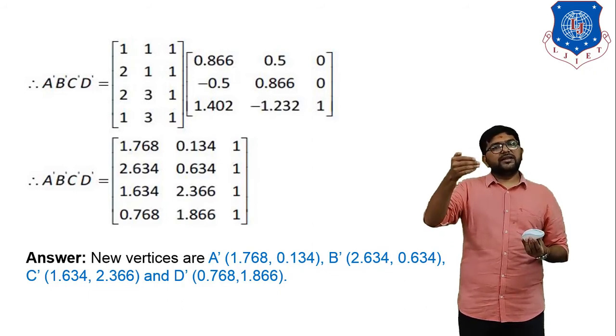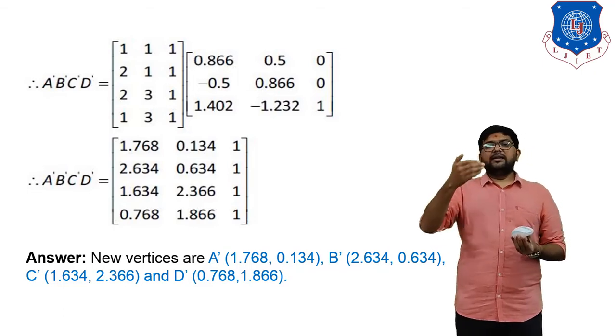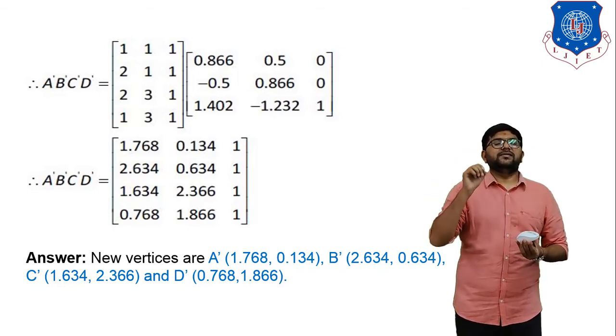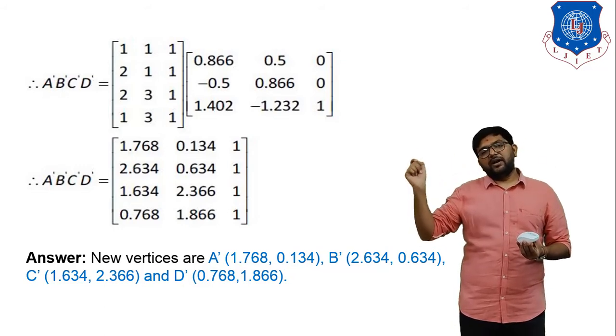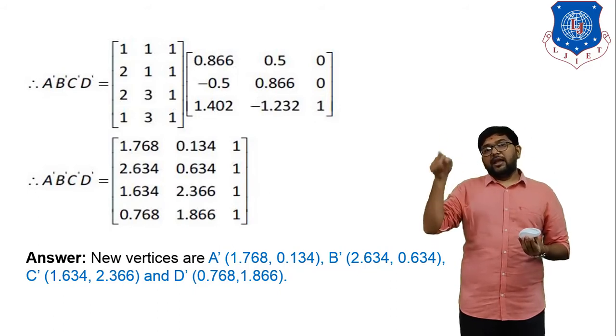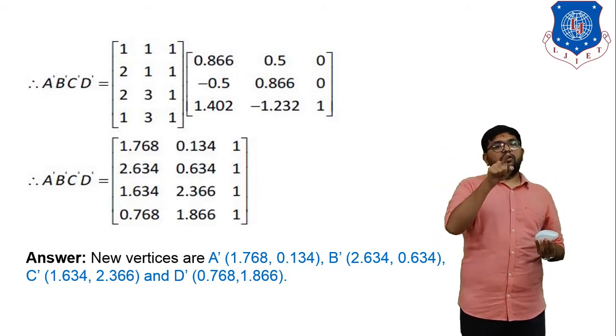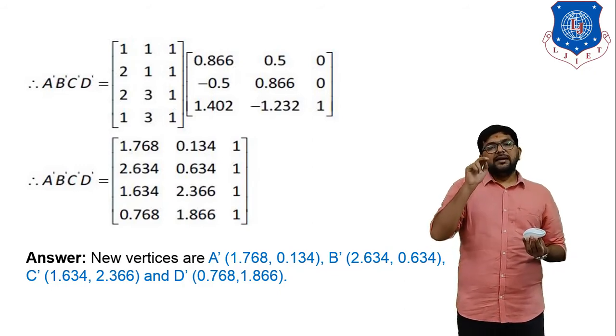You have to repeat the same procedure for the second row, third row, and fourth row. Okay, and the final answer of that is 1.768, 0.134, and 1. That is the answer for the point A. Point A moved to A dash, and the coordinates of A dash are 1.768, 0.134.